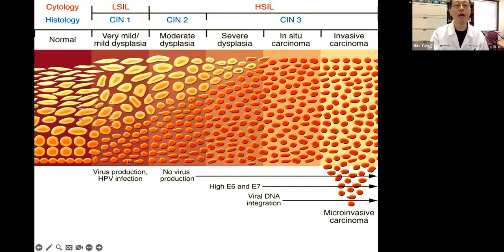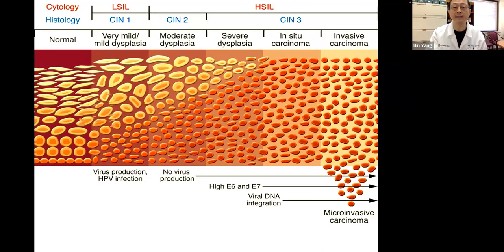And in the transient stage, you get this LSIL, CIN1, which produces a lot of virus. So with LSIL, CIN1, these women are clinically much more contagious than those women with high-grade dysplasia, which do not have circular variants.